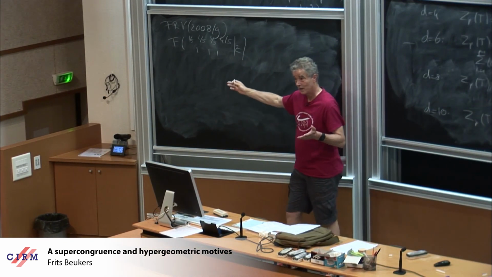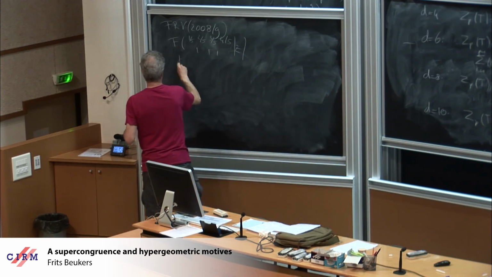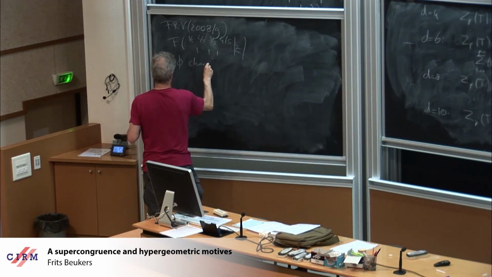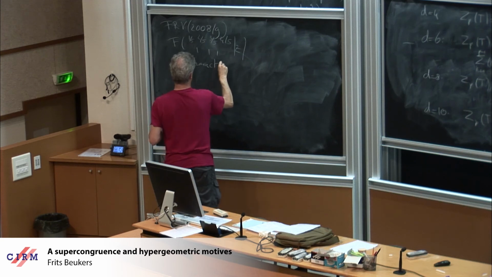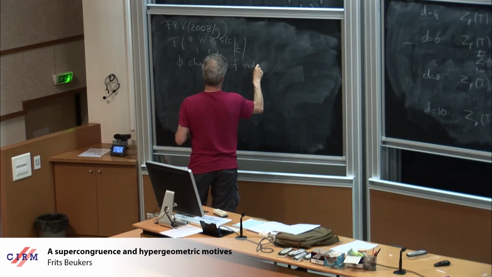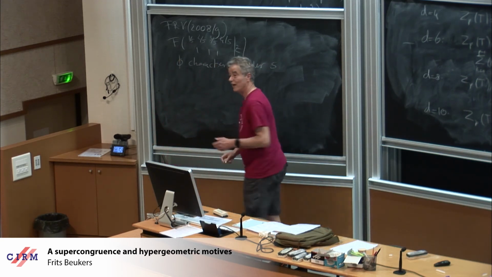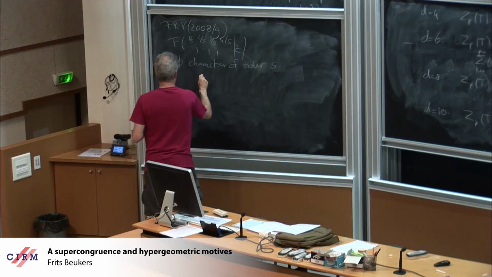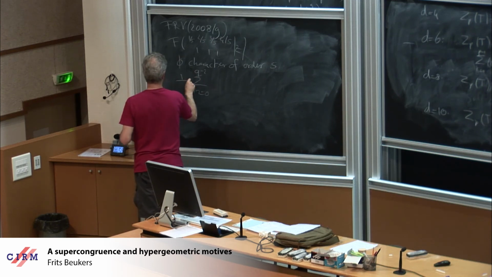So what he did was basically take a character of order 5, and consider the hypergeometric sum.